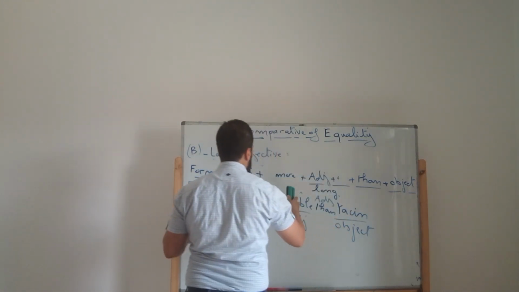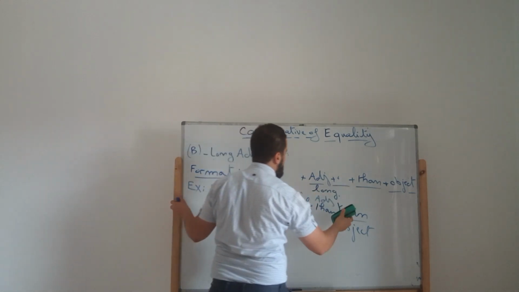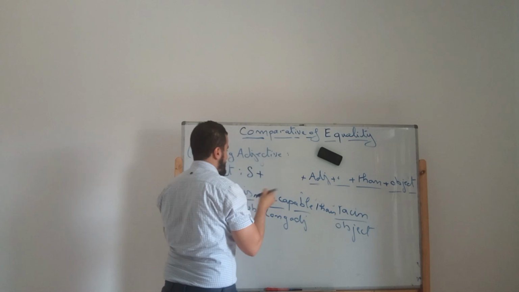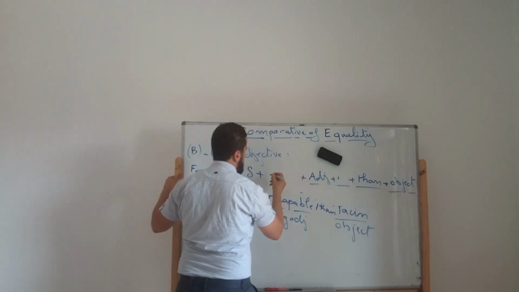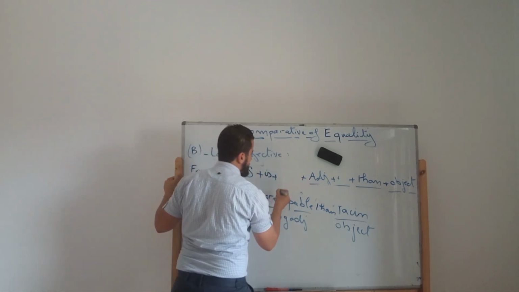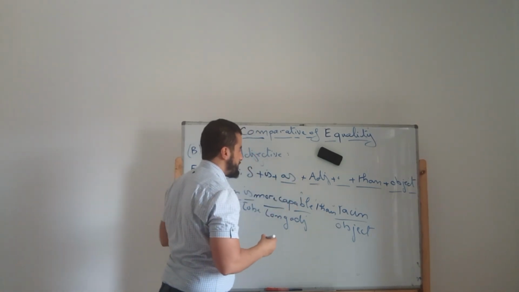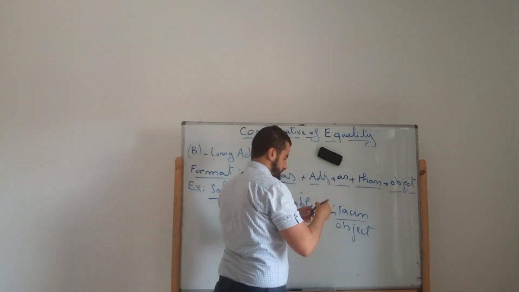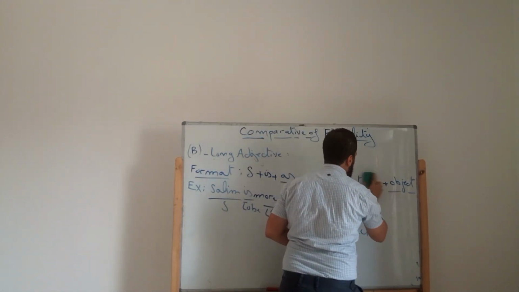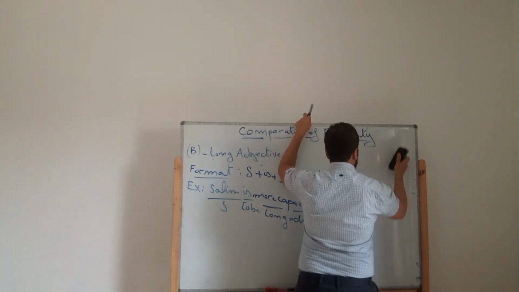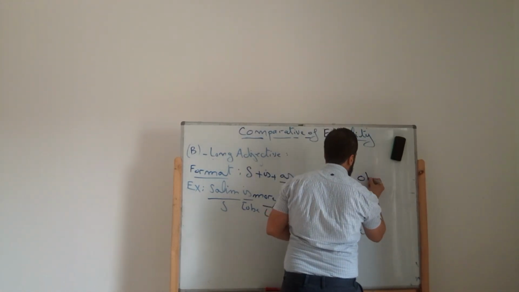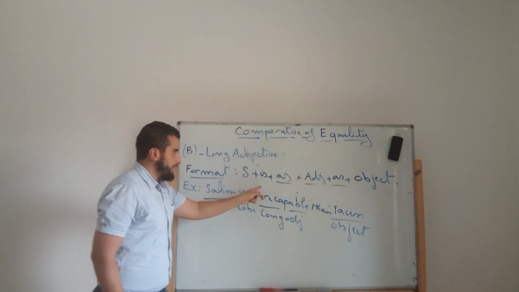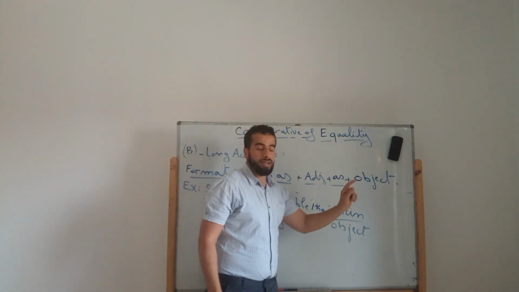So here the format will change, obviously. We are going to use is and use as: as, adjective, as, and we omit than, and we add the object directly.